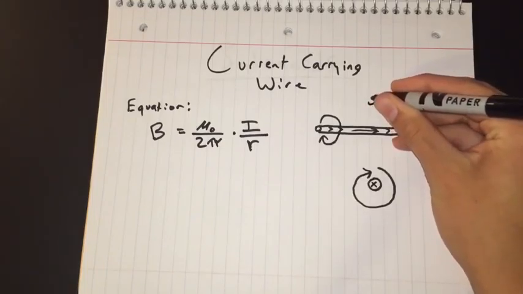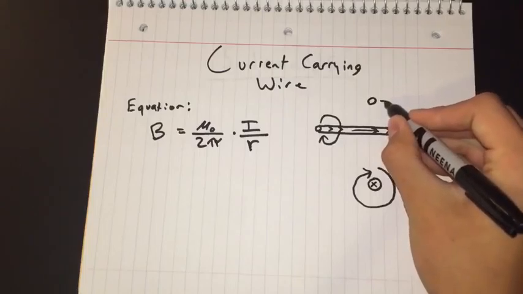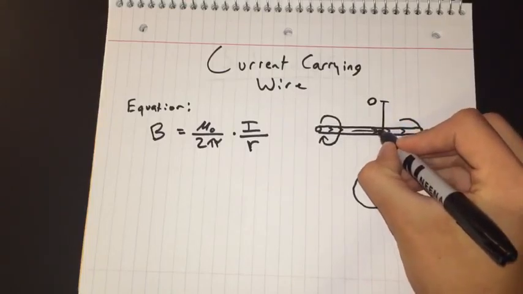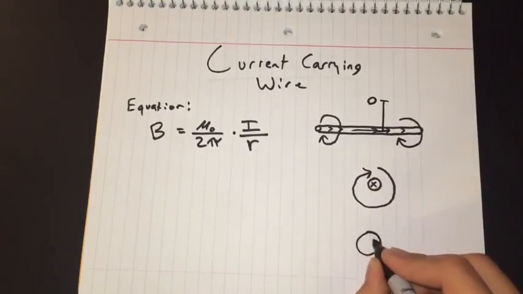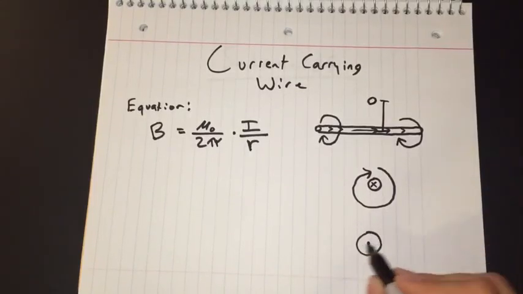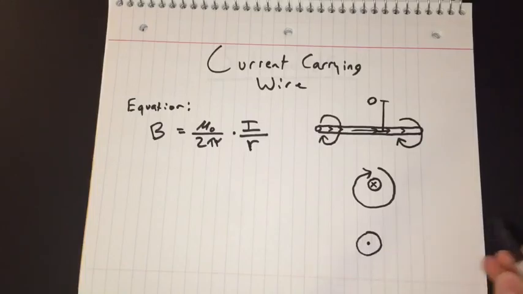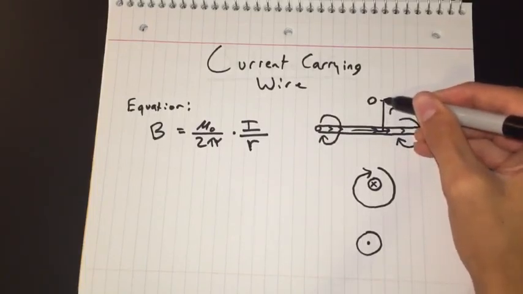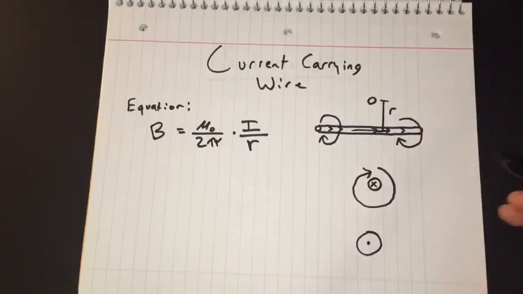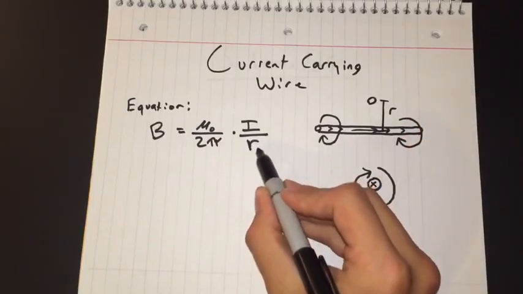So if a particle is this far out, the radius from the center of the wire, so if this is a wire, the center would be here, not at the surface. So the radius is from the center of the wire to the particle. And that's what's given here.